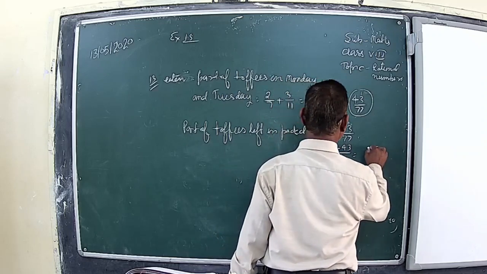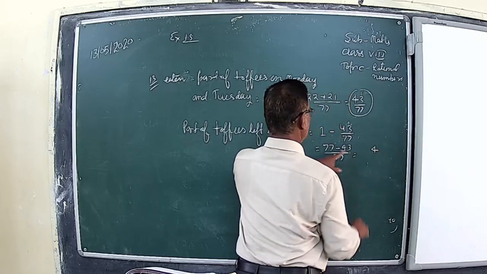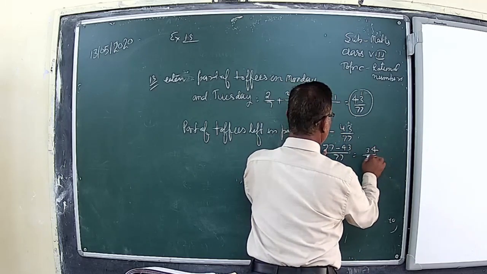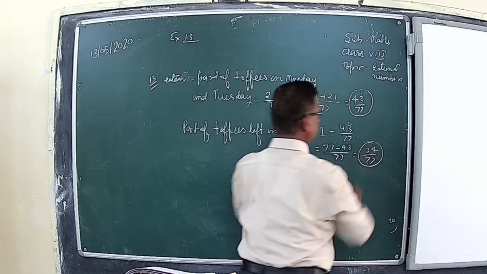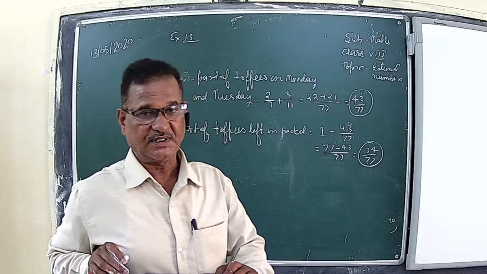Subtract it: 7 minus 3 is 4 and 7 minus 4 is 3, so 34/77. This much part of the toffee is left in the packet.